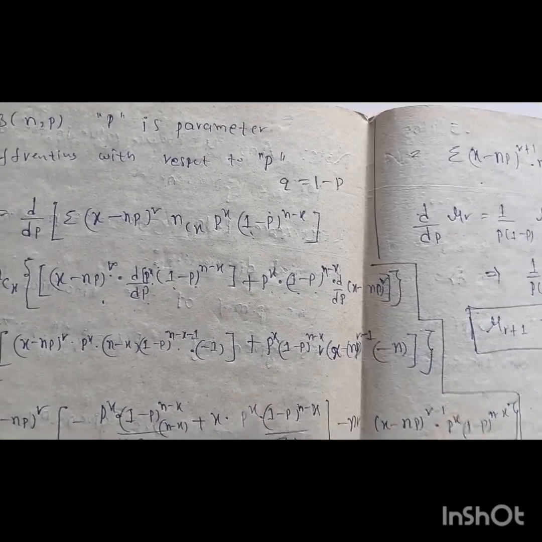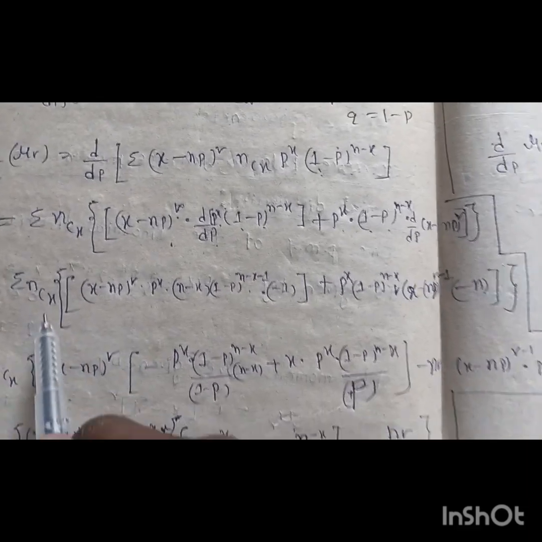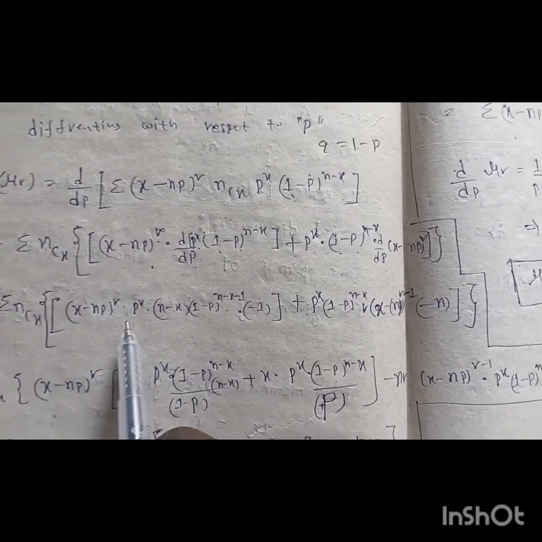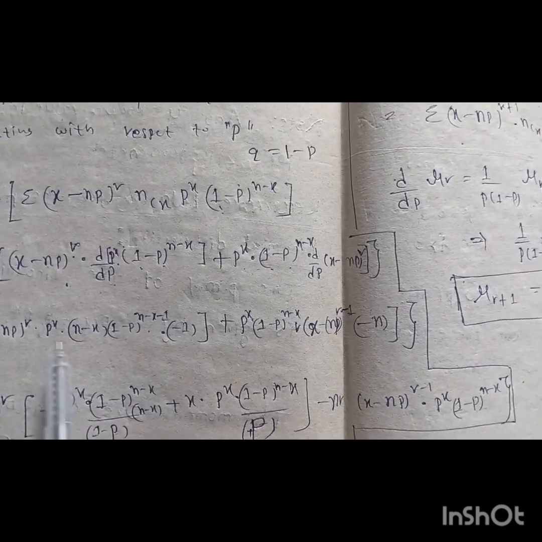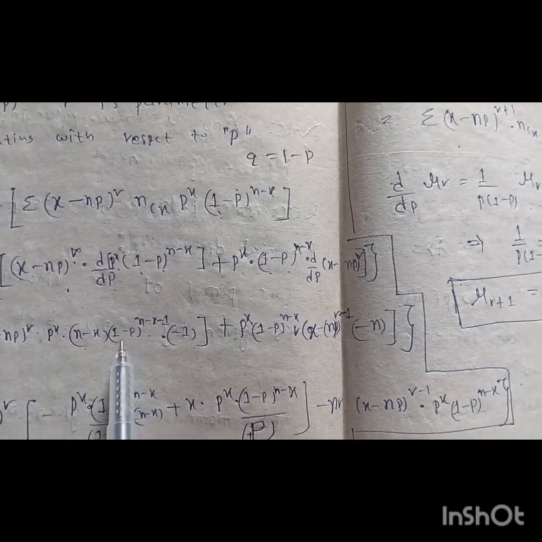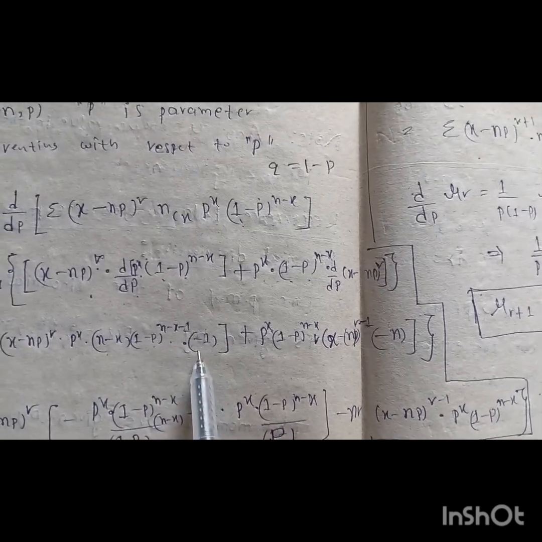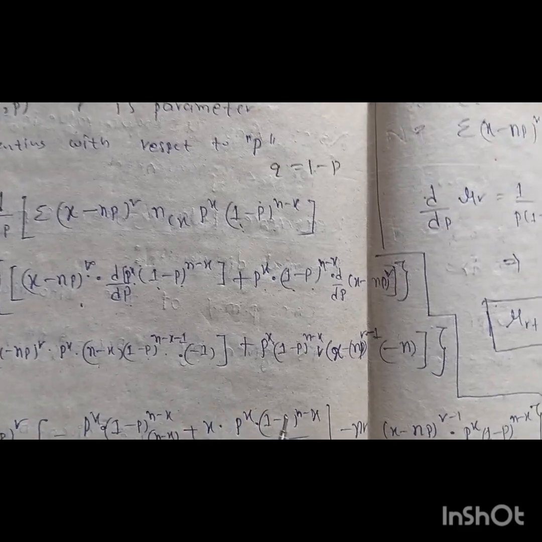So according to that differentiation, the summation remains the same, and x minus np whole to the power of r remains the same. The uv formula again you have to apply here: p to the power of x fixed, n minus x into 1 minus p whole to the power of n minus x minus 1, but differentiating with respect to p gives a factor of minus 1.